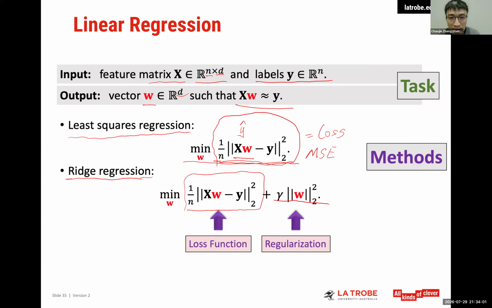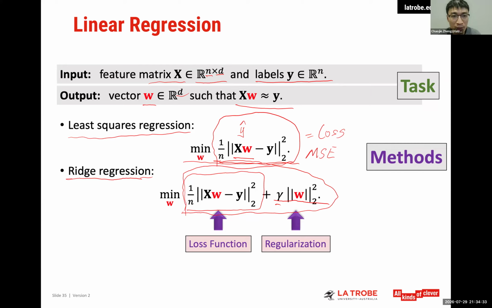The regularization term is the squared L2 norm of the weighting vector, multiplied by gamma, a hyperparameter controlling the weight or the strength of this regularization term. Now this overall equation becomes our objective function to minimize.